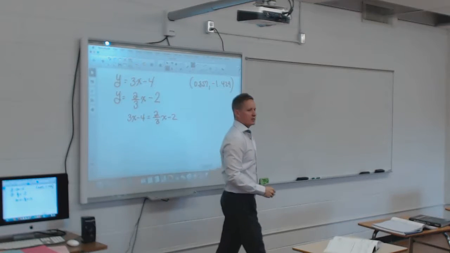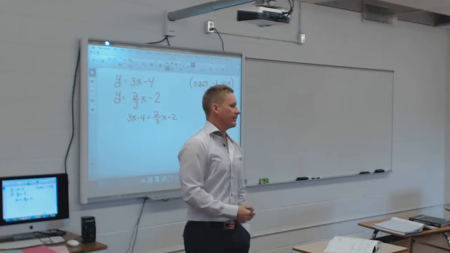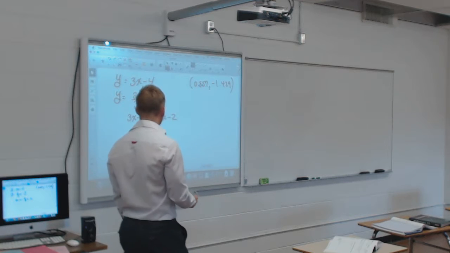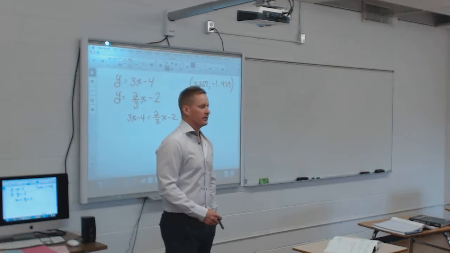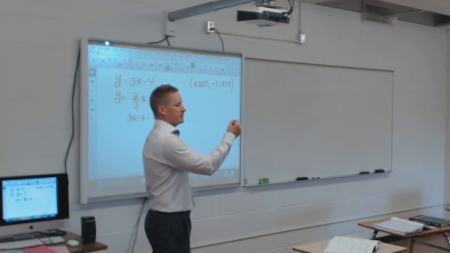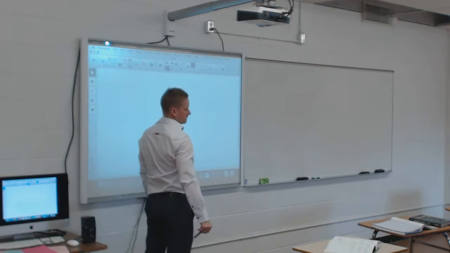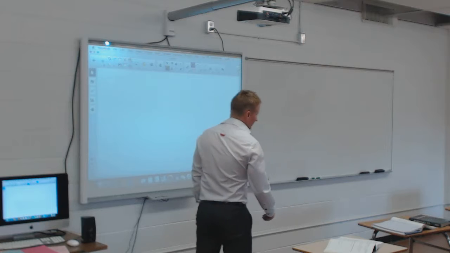So I can let them equal each other, because we're trying to find the coordinate where x and y match or meet, where they intersect. Then I would move everything to one side, solve for x, and then substitute it into one of the equations and solve for y. But that's tomorrow.